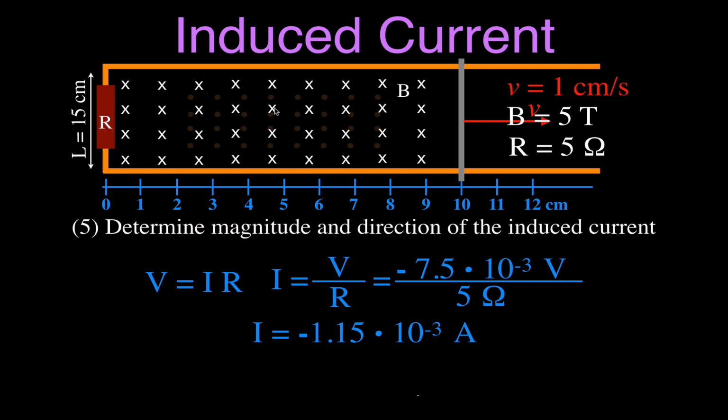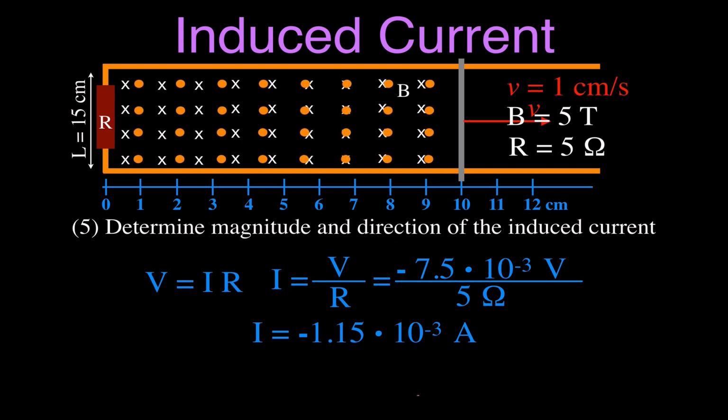So that's the first thing: we have magnetic field that's in, we increase the flux, the coil doesn't like that, so it produces a magnetic field to oppose that change. And the magnetic field to oppose that change is magnetic field directed out of the page.